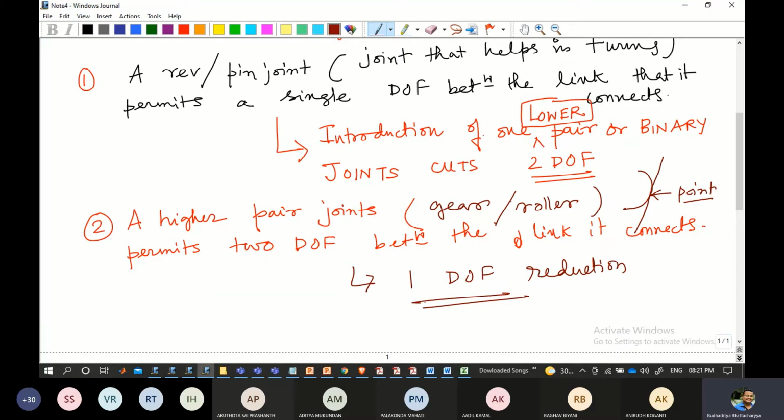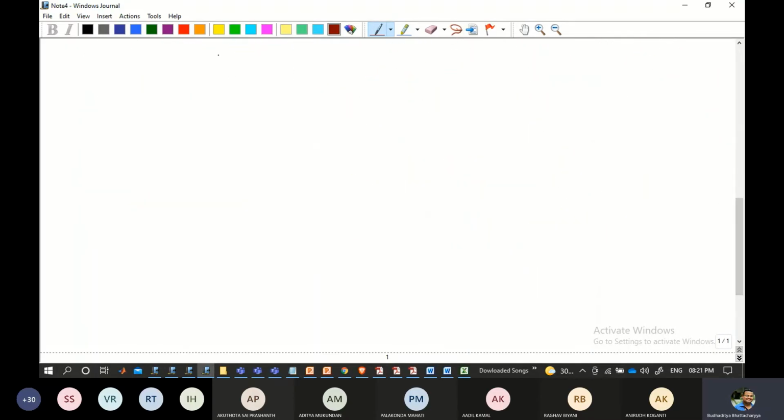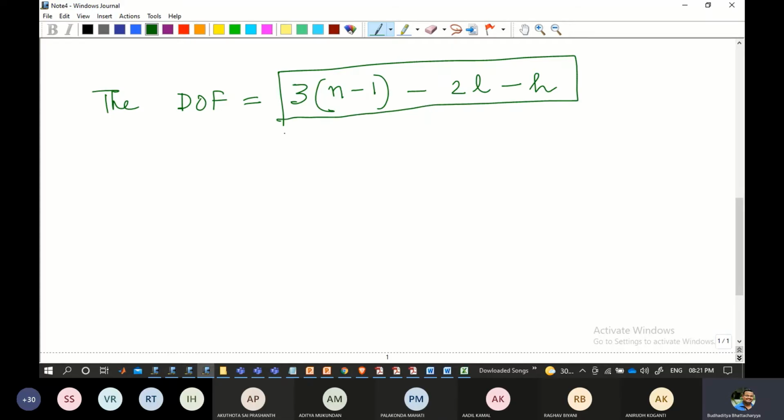All right, so if I put everything together, this is the crux: the degree of freedom, or DOF, is given by a specific equation, and that is 3 times (n minus 1) minus 2L minus H. Please make a note. Now what are these elements? We have already defined that. N here, this one, we are discussing this particular equation.